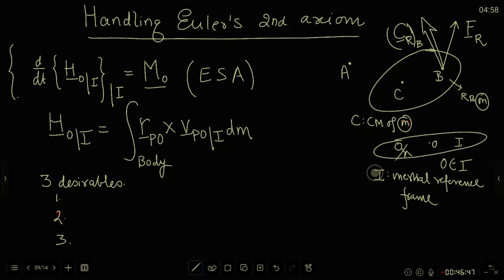Rate of change of angular momentum of the RB about point O with respect to I. Recall that I have earlier given you the definition of the angular momentum of a body about point A and with respect to a frame. The frame here in Euler's second axiom is an inertial frame I, and the point about which the angular momentum is to be found has to be a point fixed in I.